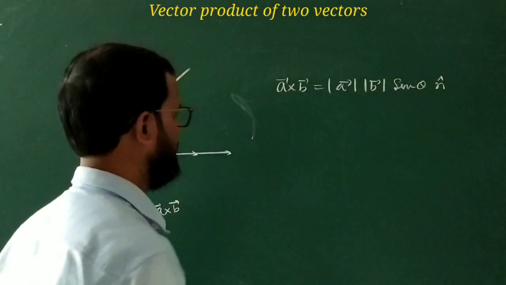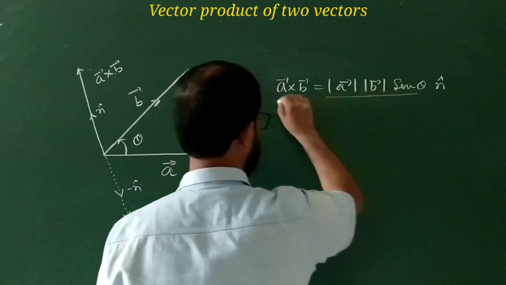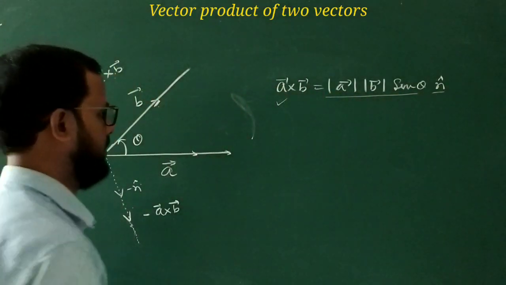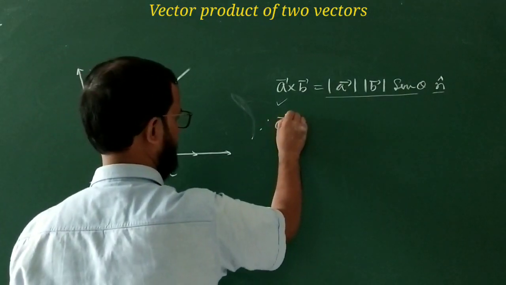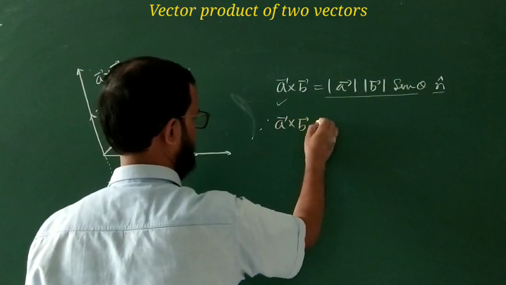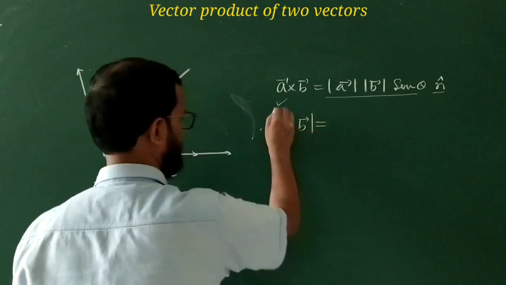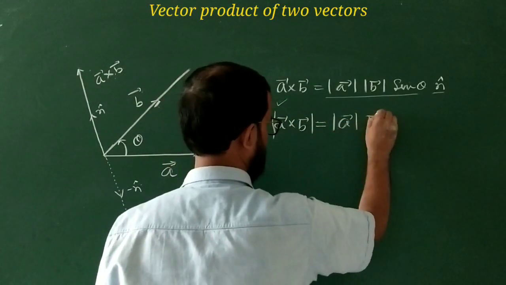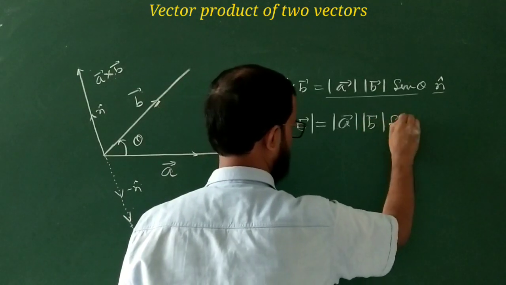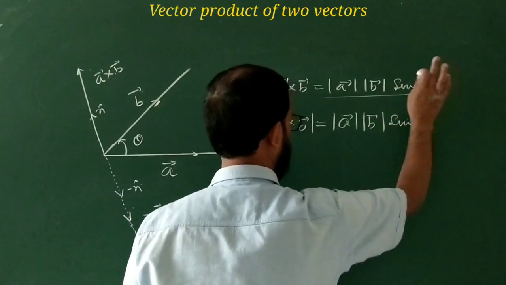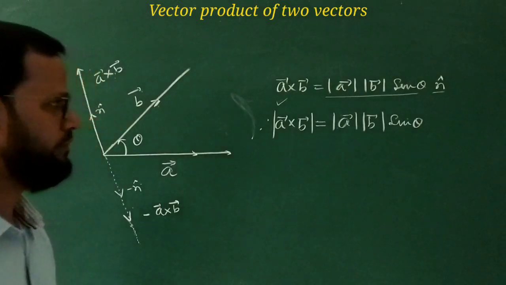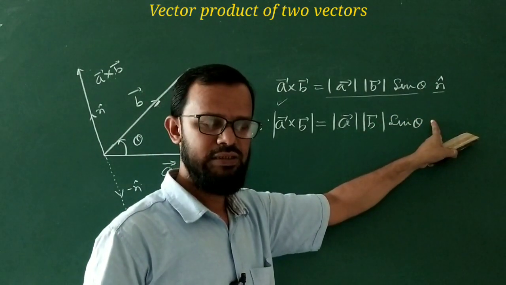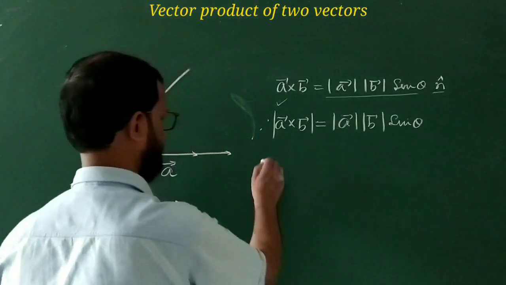So this is the magnitude of this vector, and n cap will give the direction of the vector. Therefore, the magnitude of A cross B is equal to magnitude of A into magnitude of B into sin theta, and the magnitude of n cap is 1, since it is a unit vector.